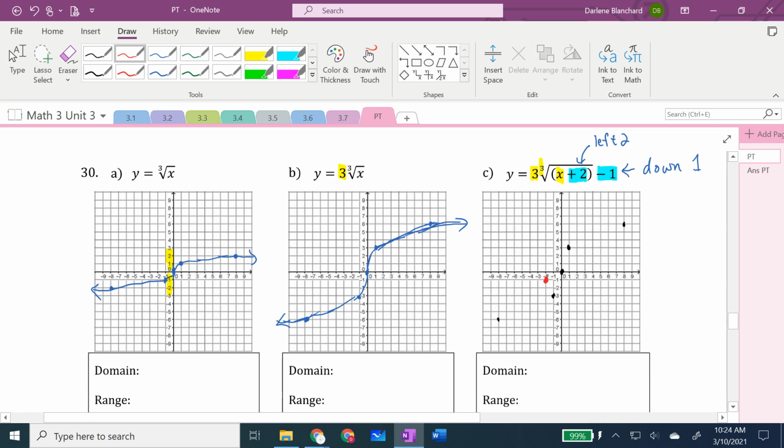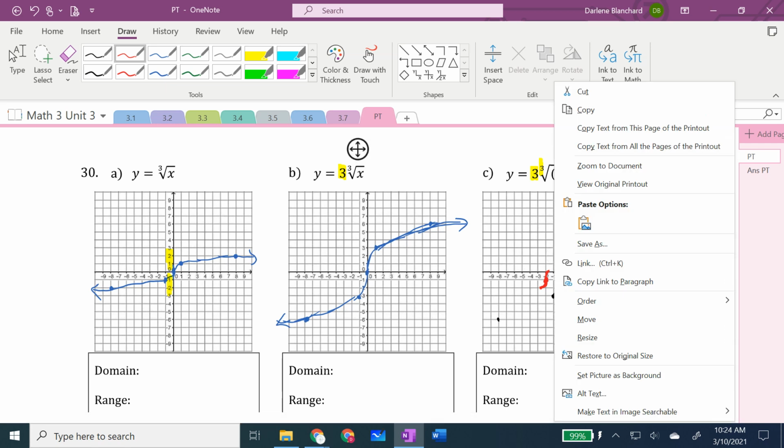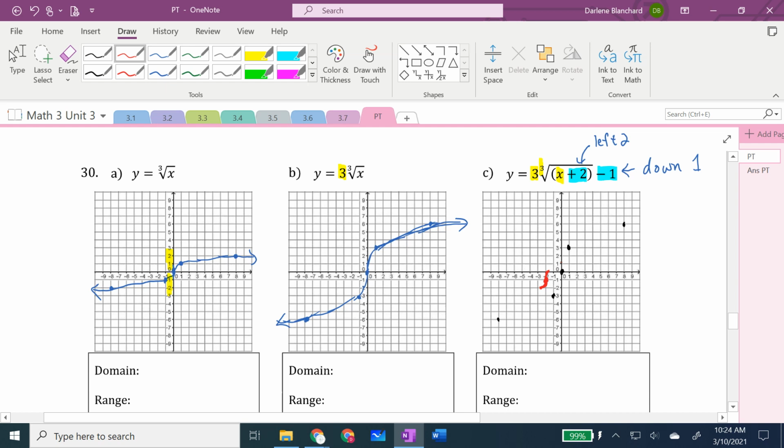There's my center where it is vertically steep, and it is having kind of this shape to it. And then left 2, down 1. Left 2, down 1. Left 2, down 1.